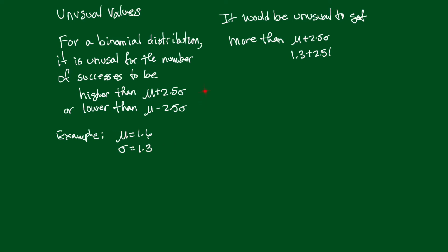So it would be unusual to get more than mu plus 2.5 sigma, which is 1.6 plus 2.5 times 1.3, which turns out to be 4.85 successes.